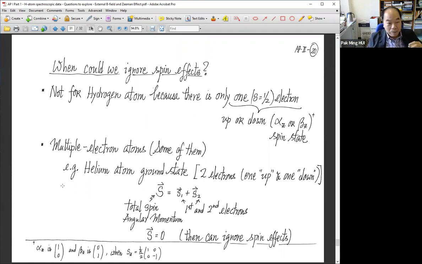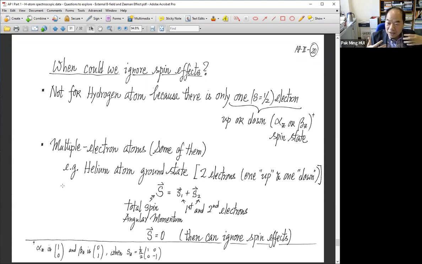But a warning: this picture, this sentence, you can hardly rate as right or wrong because it's so vague. One up, one down. What do we mean by that? What is the spin wave function? Then we have to learn a little bit more about angular momenta in quantum mechanics. Nonetheless, that is the sense.